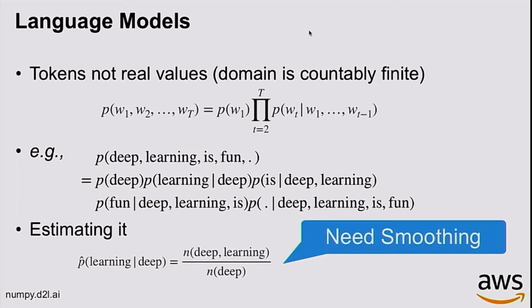We have the probability of deep, times the probability of learning given deep, times etc., which is expanded using the above formula. This means that as long as we have each of these conditional probabilities and also the probability of the first word, then we have everything for the probability of the whole sentence. So this is the base assumption.